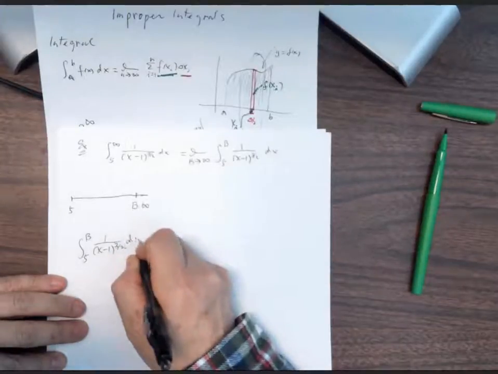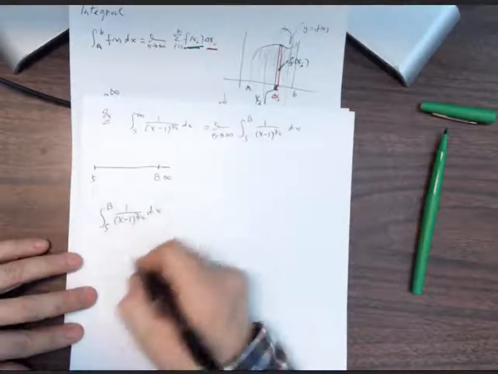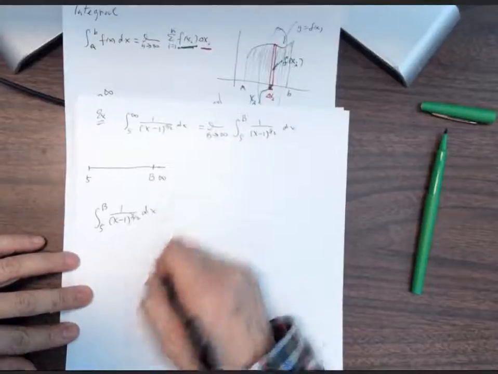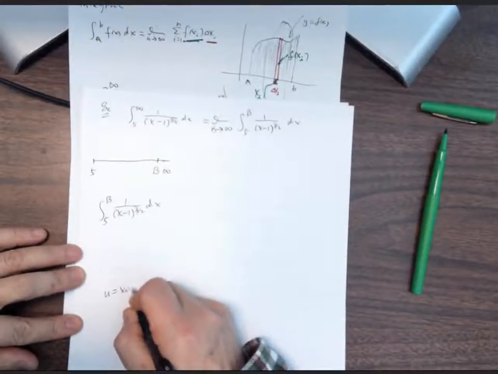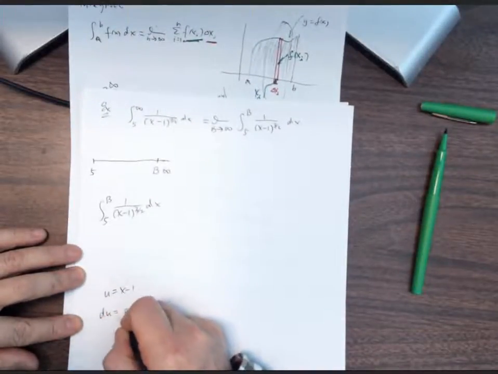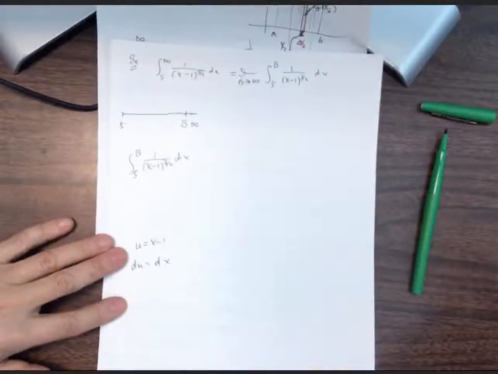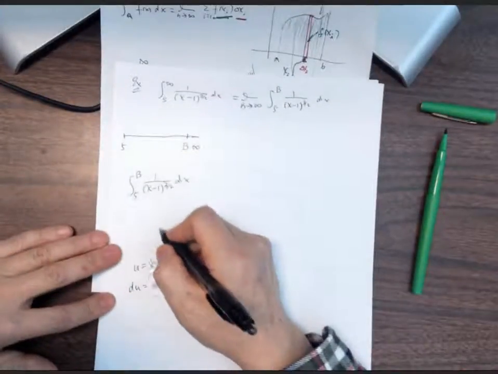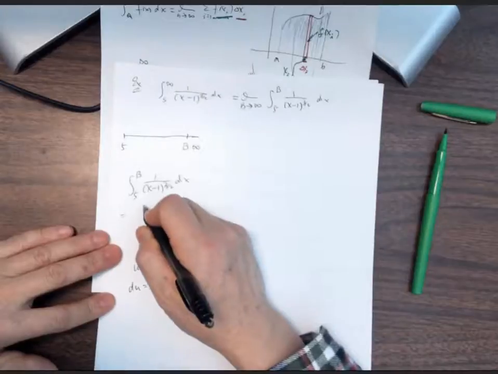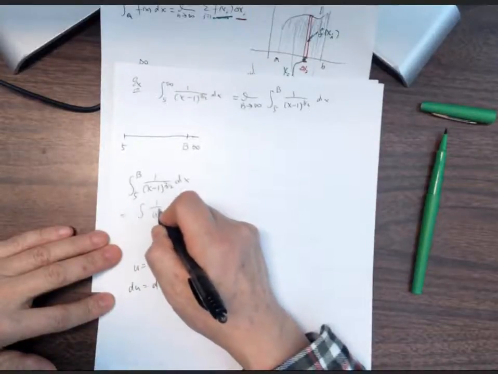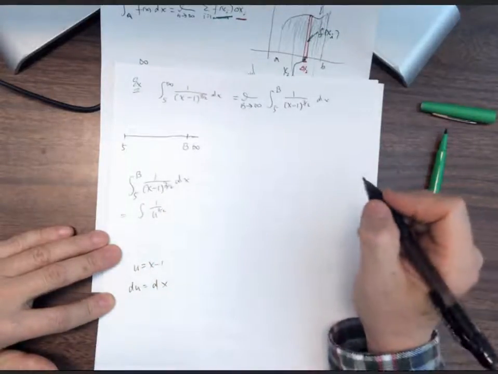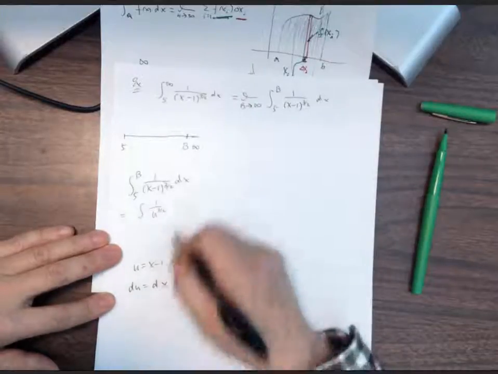Integration is just like before. Do a substitution. u equal to x minus 1, du equal to dx. So this is 1 over u to the 3/2 power, dx is du.